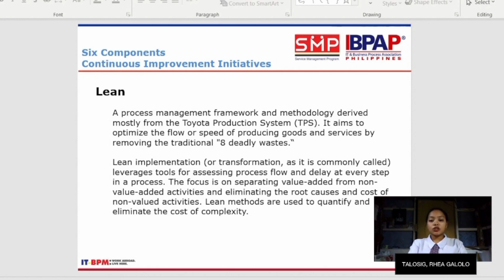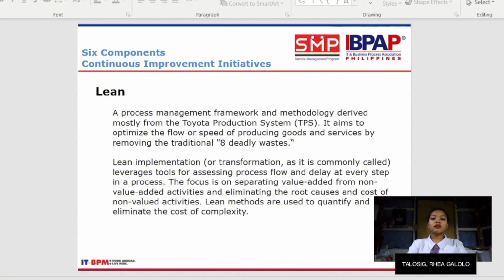Lean implementation or transformation, as it is commonly called, leverages tools for assessing process flow and delay at every step in the process. The focus is separating value-added from non-value-added activities and eliminating the root causes and costs of non-value-added activities.